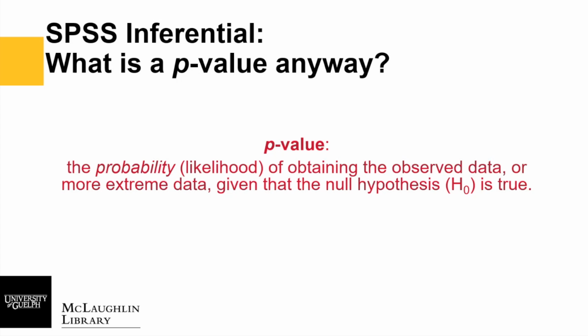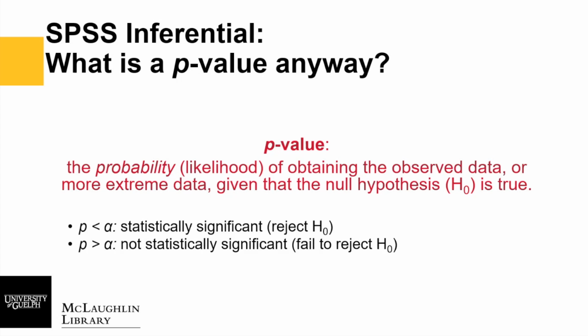The other piece to the null hypothesis that you might be familiar with is the alternative hypothesis. This is what you're trying to find some evidence for. The alternative hypothesis is that there is something. There is a difference between groups. There is a relationship between your variables, or the variable does account for a portion of your variance in the model. When we're using p-values, we generally have what we call an alpha level.